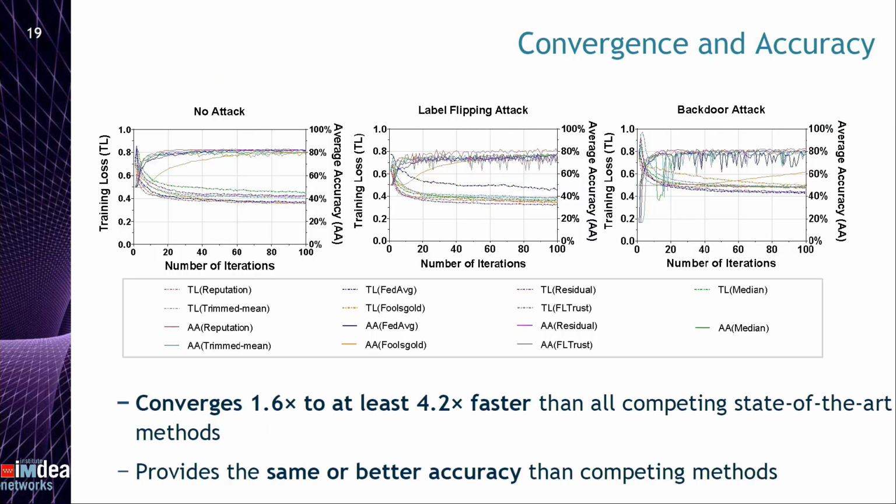I just showed some simple results. This is the main result we use in our paper. We first compare the convergence accuracy of our method with other state-of-the-art methods. We show the training loss on the left axis, and the average accuracy on the right axis, during 100 iterations, with no attack, label flipping attack, and backdoor attack with 30% malicious clients for 7 methods, which are our method, average, residual-based, median, trimming, Fools Gold, and FLTrust.